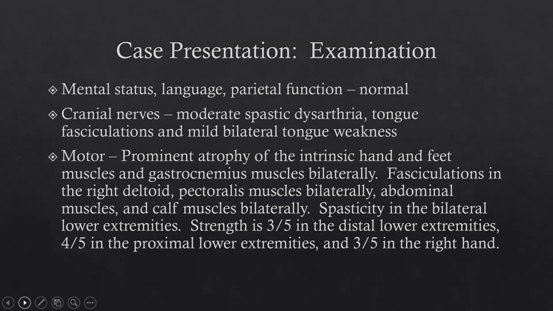There are fasciculations in the right deltoid, pectoralis muscles bilaterally, abdominal muscles, and calf muscles bilaterally. Spasticity in the bilateral lower extremities. Strength is 3 out of 5 in the distal lower extremities, 4 out of 5 in the proximal lower extremities, and 3 out of 5 in the right hand.